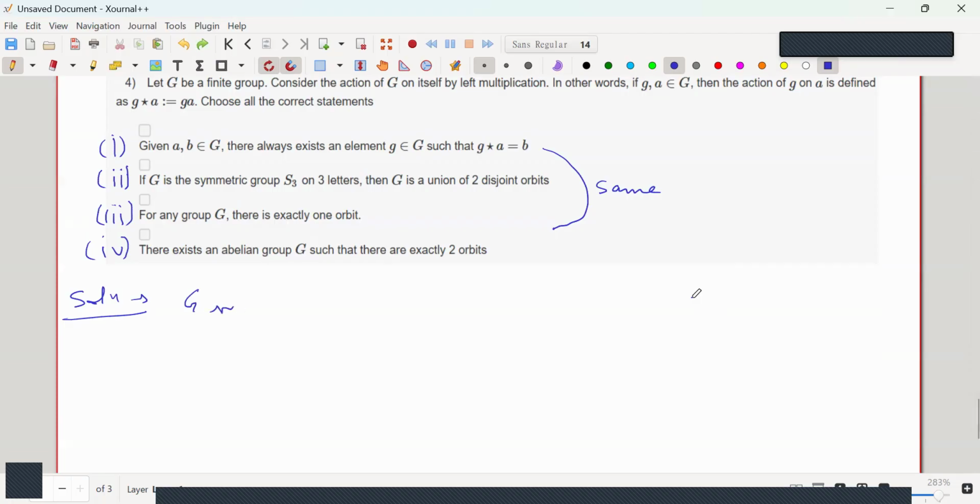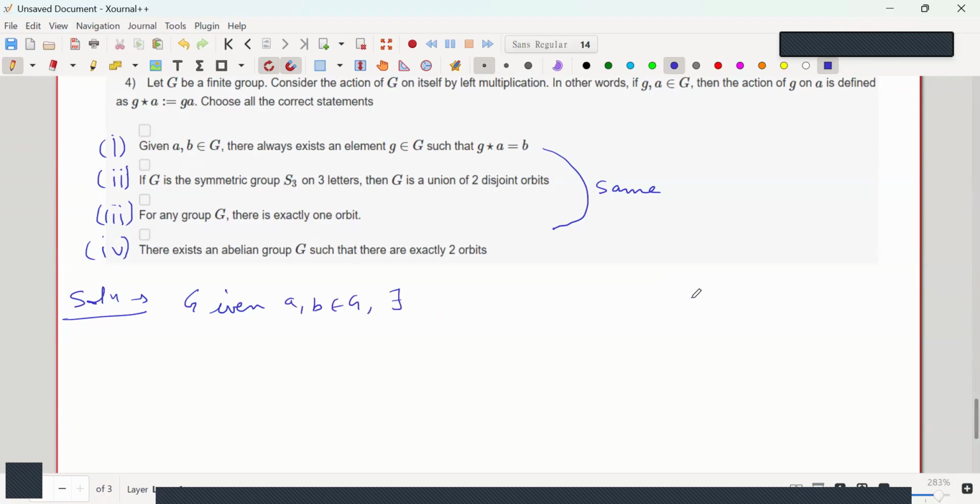Given a, b belong to G, we need to find g.